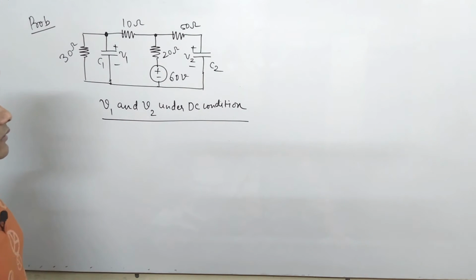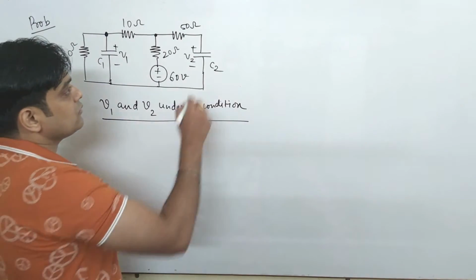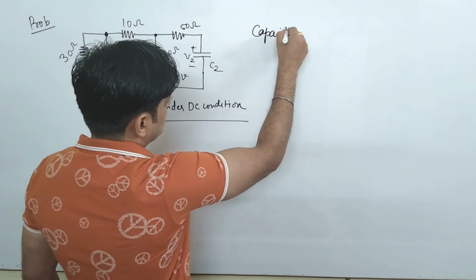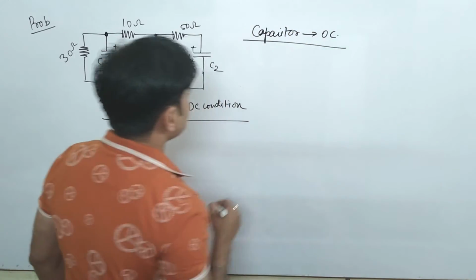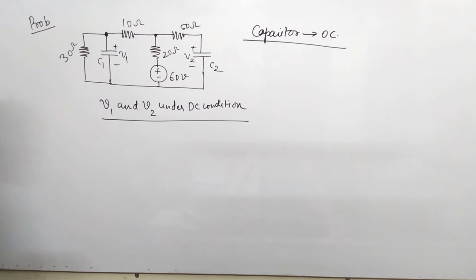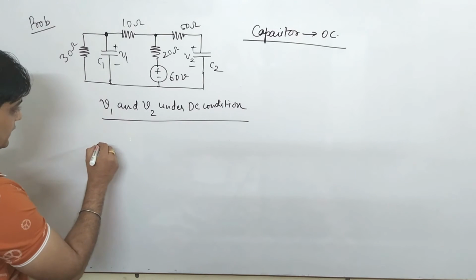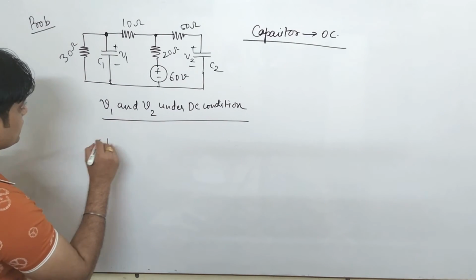Now as I said earlier in my previous video, whenever you are talking about the DC condition, your capacitor goes open circuit. I already showed you how it goes open circuit. So with the help of this concept you can find the value of V1 and V2.